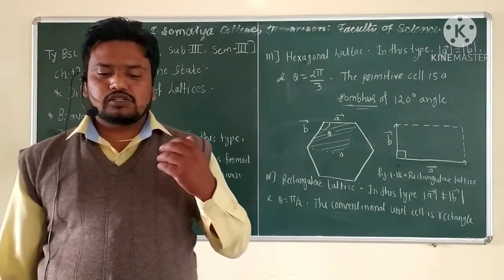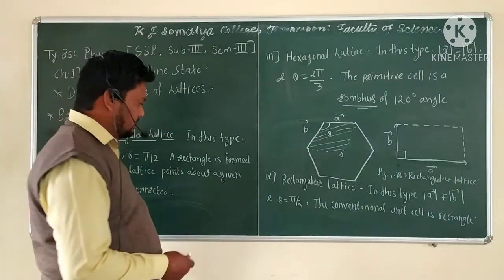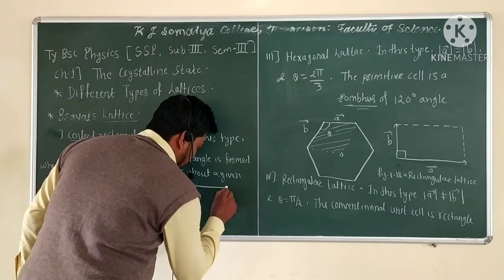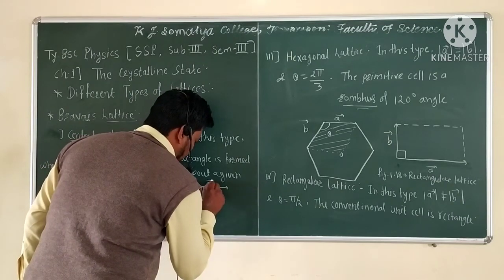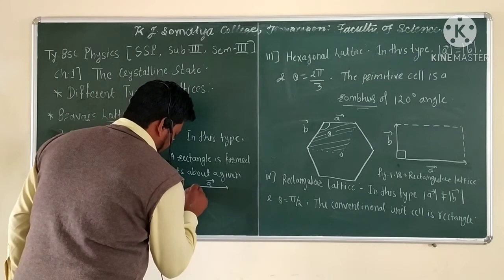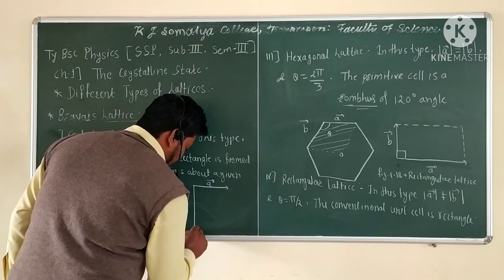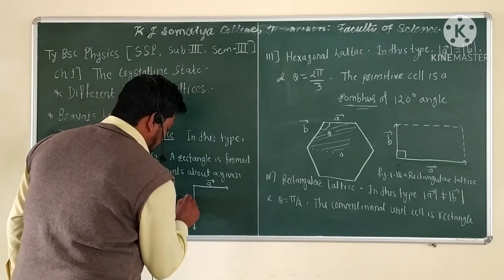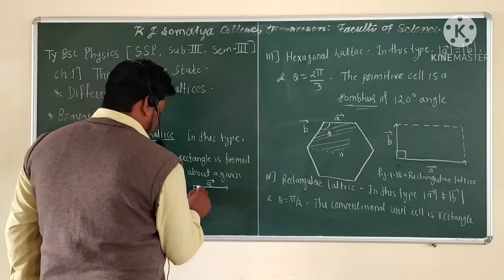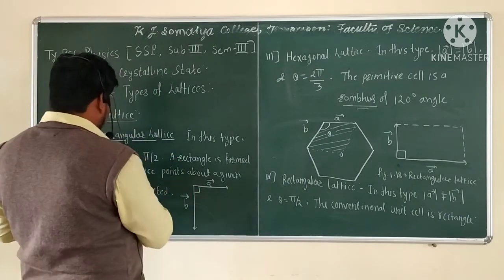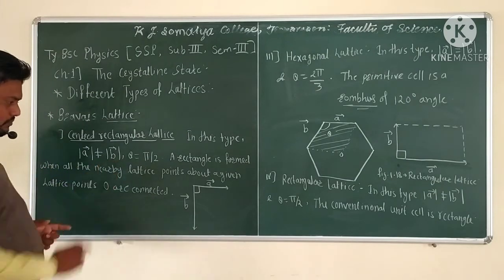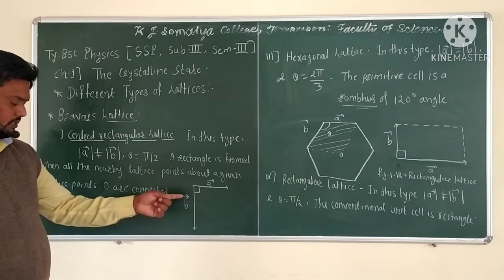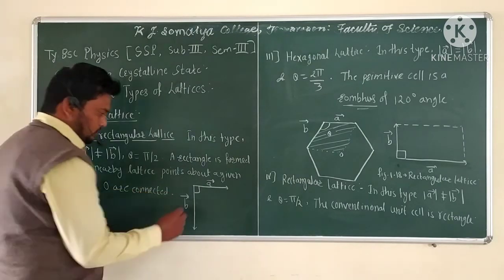For example, consider this vector a bar and this vector b bar, whose lengths are not equal, so mod of a bar is not equal to mod of b bar, and the angle between the two coplanar vectors a bar and b bar is theta equal to pi by 2.